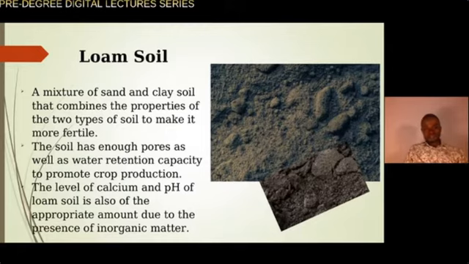The soil, of course, has enough space or pores as well as water retention capacity to promote crop production. The level of calcium and pH, the acid-base concentration of loamy soil, is also of appropriate amount due to the presence of inorganic matter.